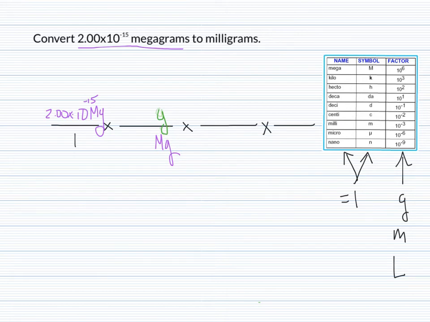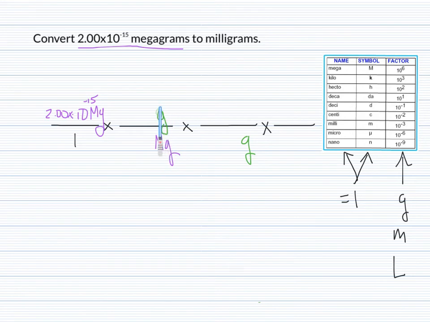I'm going to put grams on the bottom of the next fraction for the same reason. I'm going to fill in the numbers later, so don't worry about the numbers just yet. So I have megagrams on top, megagrams on the bottom. I can convert from megagrams to grams, so I'm going to put them in the same fraction. When you want to convert from one thing to another, you need to put them in the same fraction.